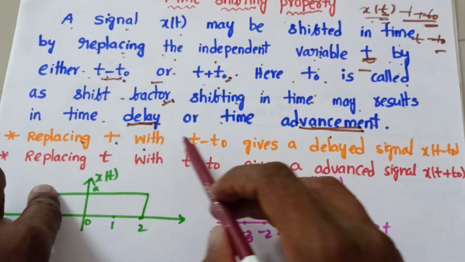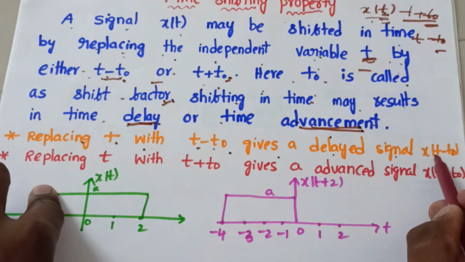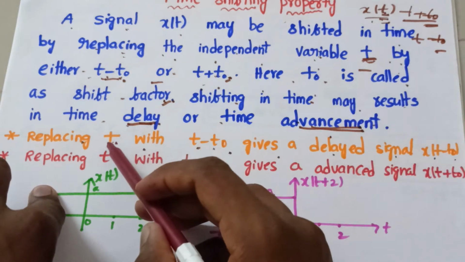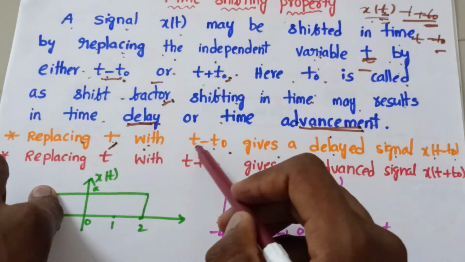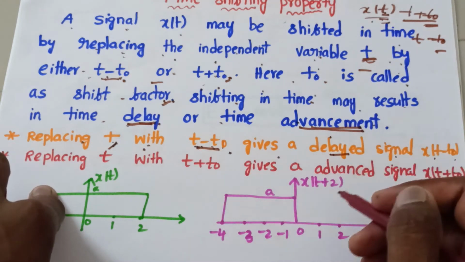Replacing t with t minus t naught gives a delayed signal, that is x of t minus t naught. Whenever we replace the independent variable t with t minus t naught, it is a delayed signal.